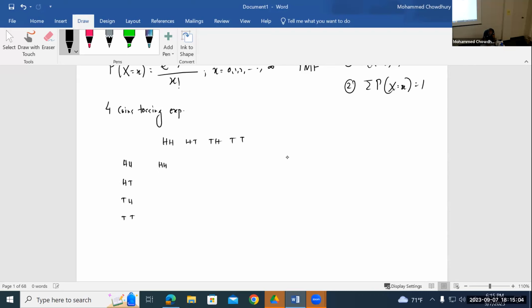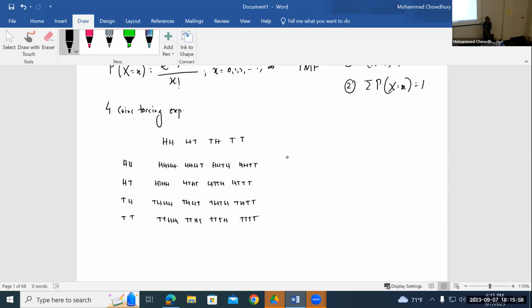And then I can write here HH. This is a sample space for a 2 coin tossing experiment.